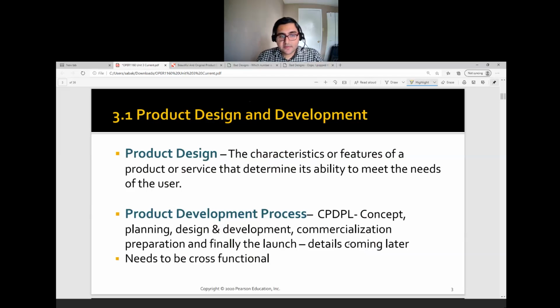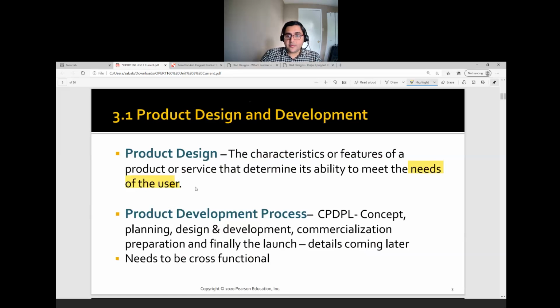So to start with, the first thing is to define what is the meaning of product design and product development process. So product design typically refers to understanding first the needs of the end user. And so it starts from this. We want to design certain features or characteristics on a product, and the characteristics should be based on the need of the customer.